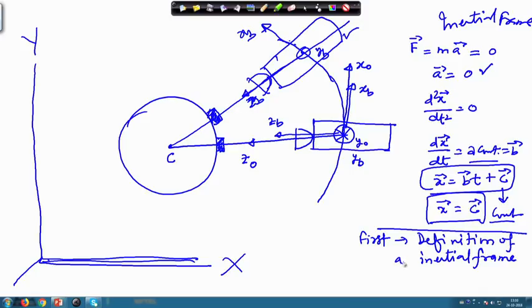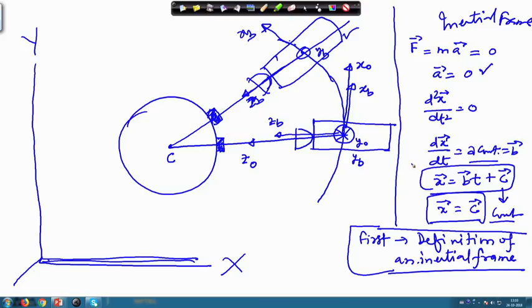So, this defines an inertial frame. Now, this information is vital, because we always work with Newton's second law in an inertial frame itself, whose definition is given by the first law, which defines the inertial reference frame.